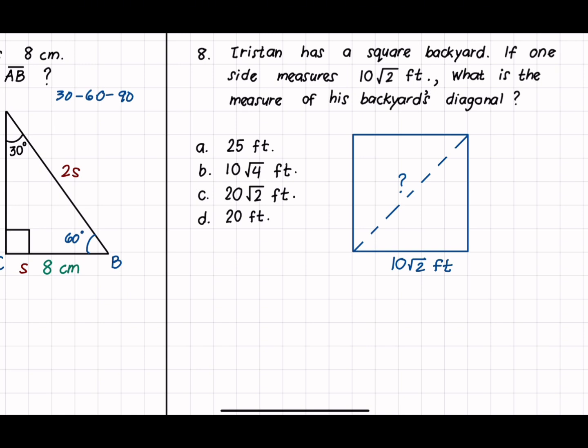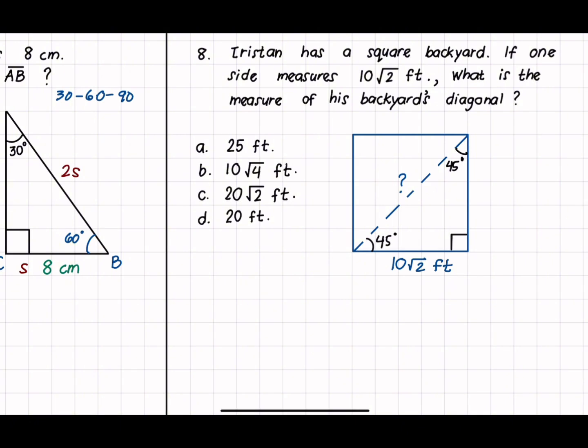So since this is a square, we created 2 triangles wherein the corner is 90 degrees and the other 2 corners measure 45 degrees and 45 degrees. So we created a 45, 45, 90 triangle.